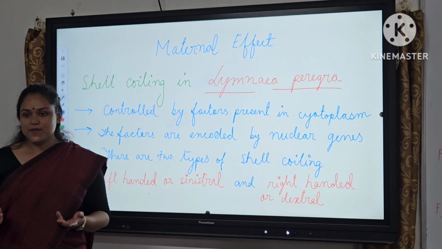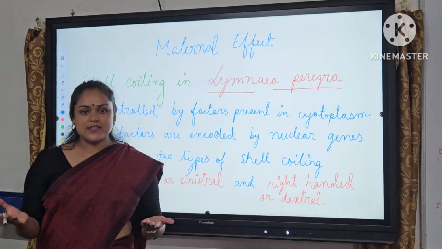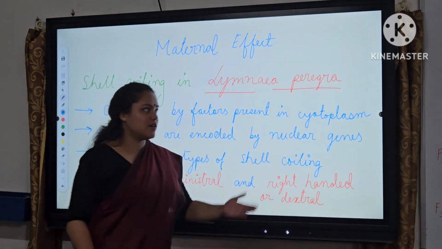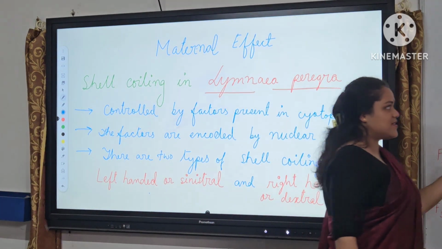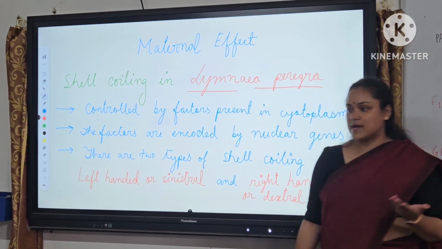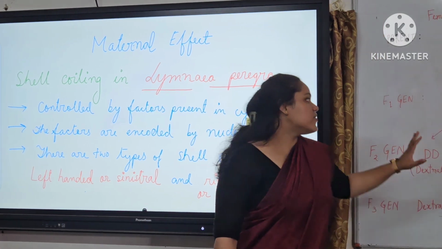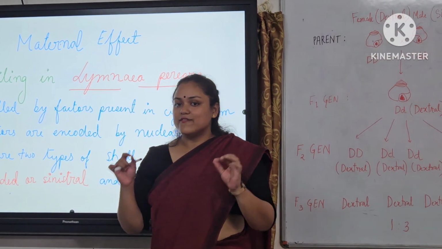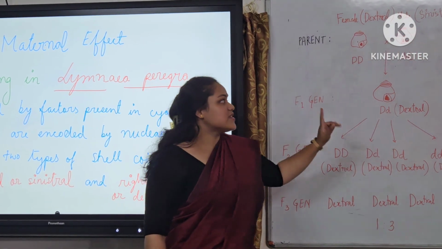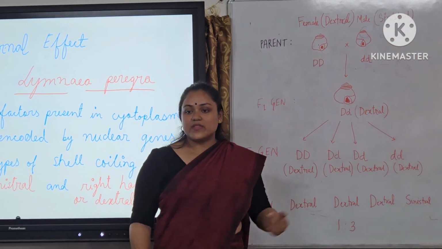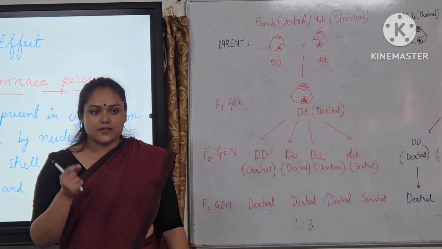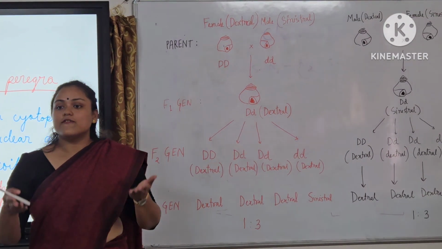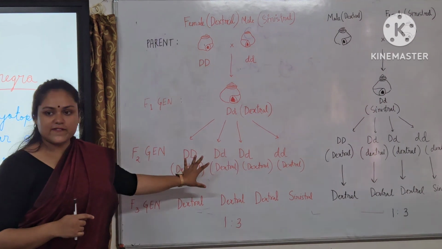Now that we know the difference between genotype and phenotype, I want to go to the process that we will study under this example of maternal effect. Before that, I want to tell you very important information: in the case of maternal effect, the genotype of the mother is responsible for deciding the phenotype of the offspring.